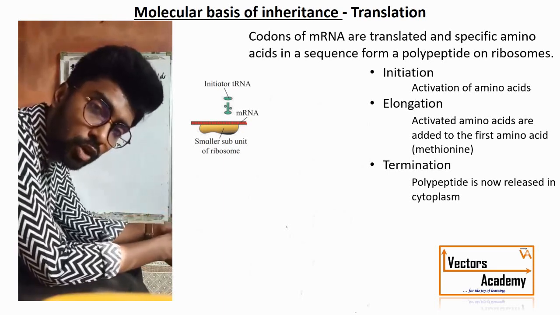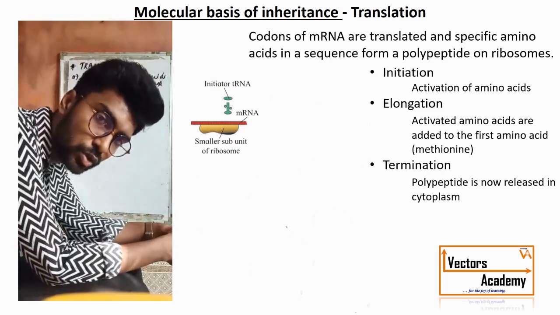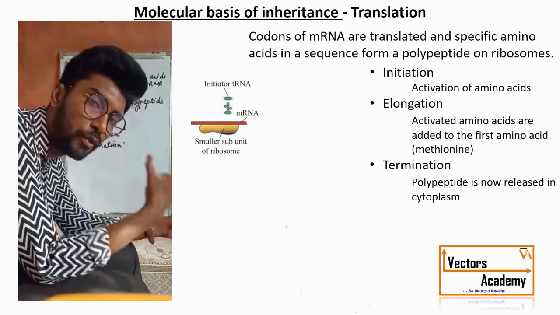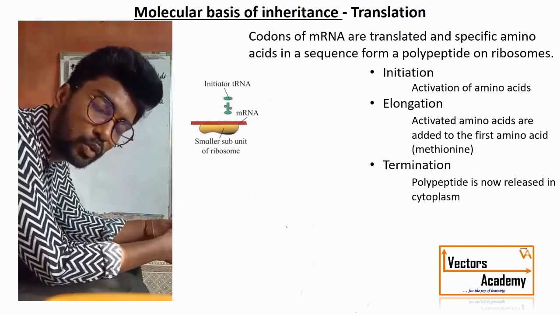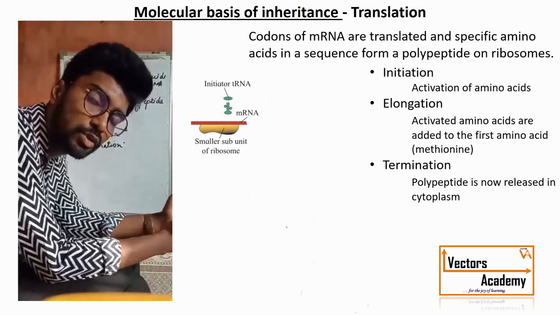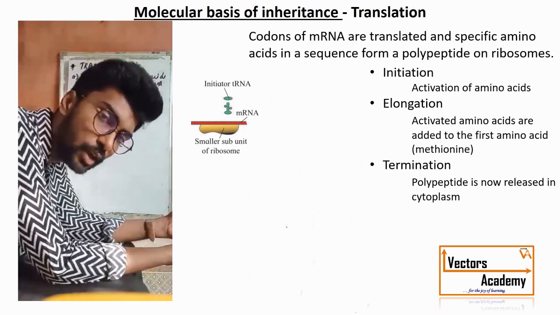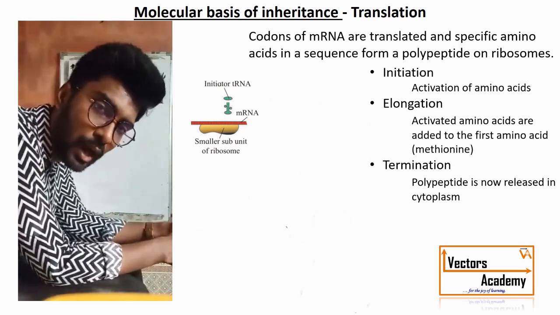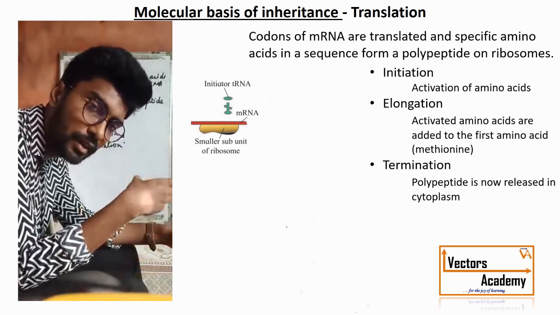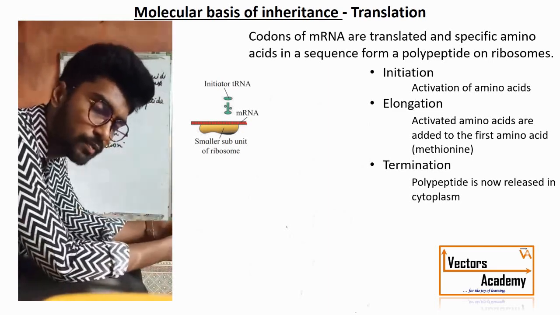The initiation codon present at the 5' end is AUG. So the amino acid transfer RNA complex which has been formed will go and bind to the initiation codon AUG. Now this initiation codon AUG is specified by the UAC anticodon of transfer RNA. So we all know that codon is present on the messenger RNA and anticodon is present on the transfer RNA.